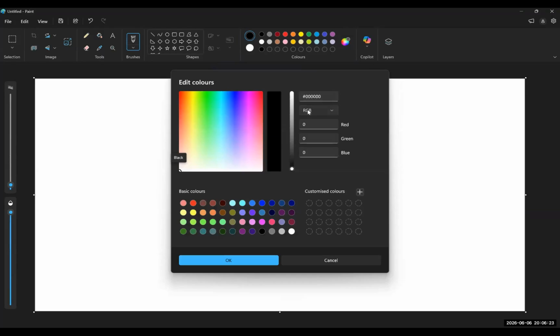Can you see here RGB? Red, green, blue. You see there are 3 fields over here, and here the value of the color is converted into numbers. Can you see here? This one? Let me annotate. This area is the numerical value for the color.